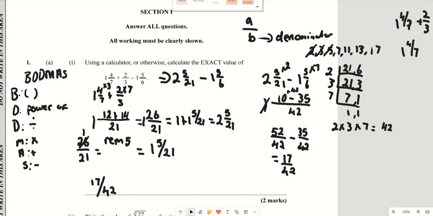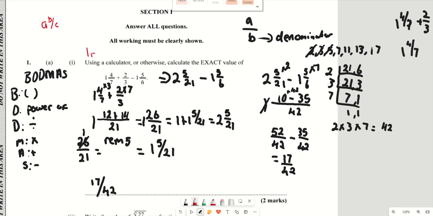Now, if you were to use your calculator, like the question said, you can use your calculator to solve this, right? You are looking for the A, B over C button on your calculator. When you see this button, this means your over button. So it will be 1, and then you're going to press this ABC button. You'll see something that looks like this.